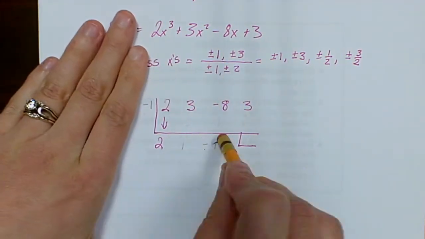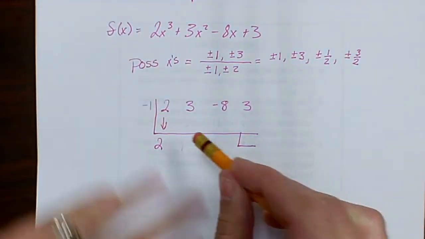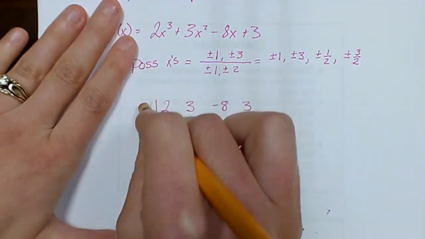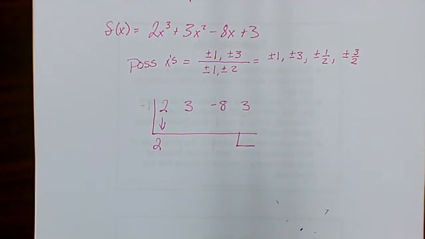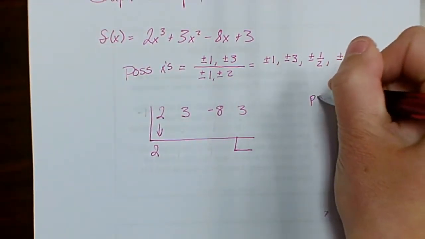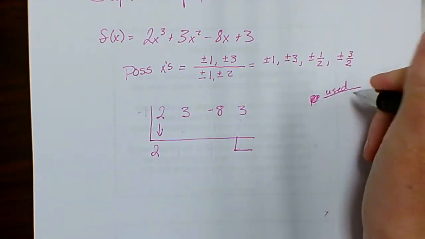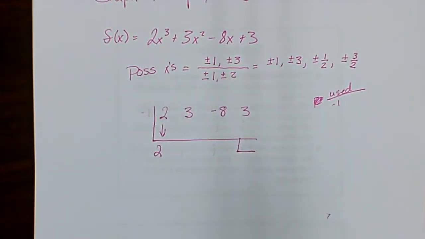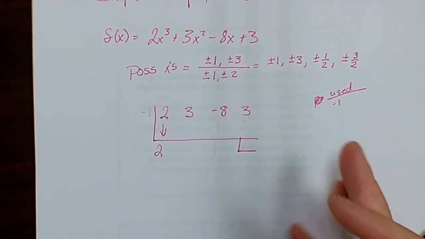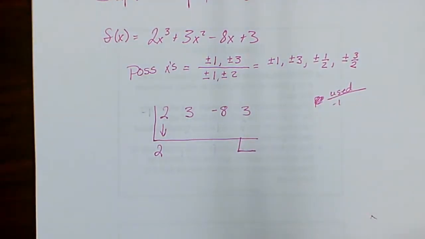So at negative 1, we'd be going up to 13. Okay, so if you plug in negative 1, then you will not get a 0. So I always put a used spot, which would be my negative 1 here. So negative 1 doesn't work.